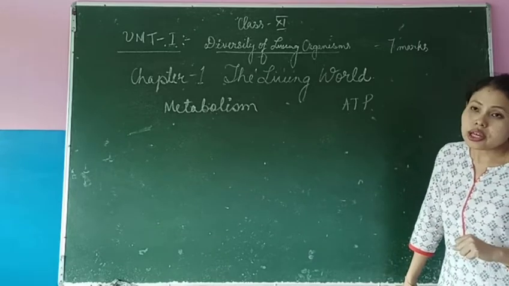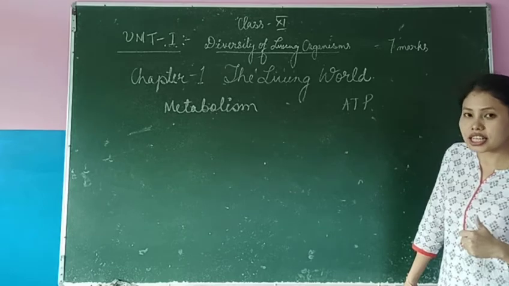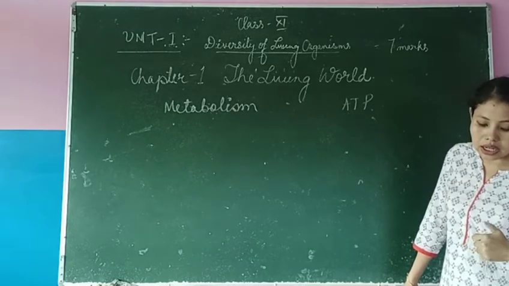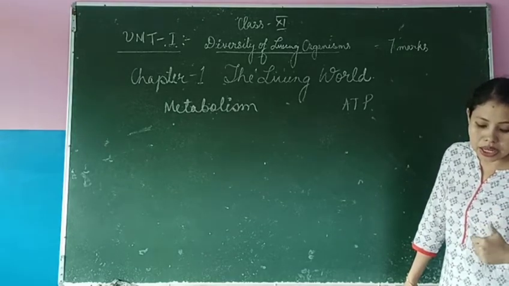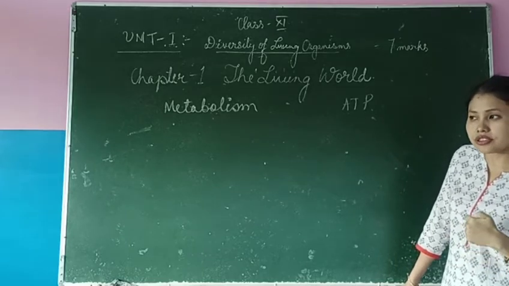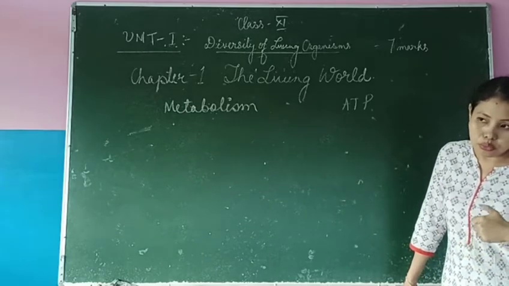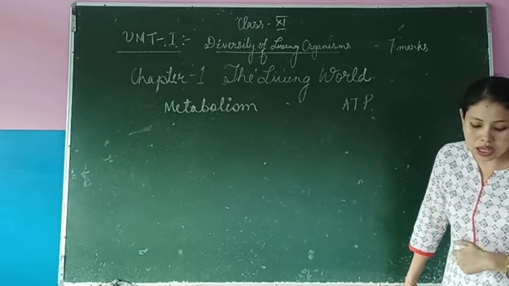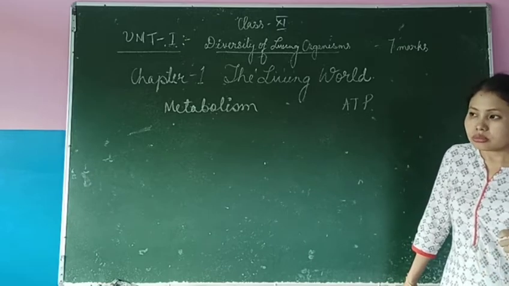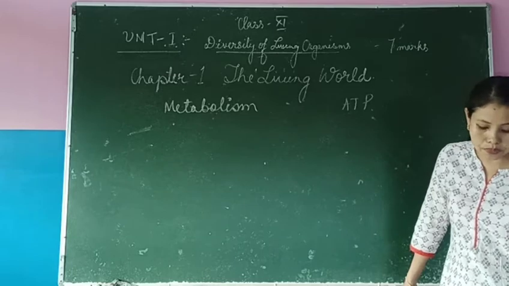These chemical reactions in the organism are self-sustaining, that is, they take place inside our body. They are a set of self-sustaining chemical reactions. And in both unicellular as well as multicellular organisms, these chemical reactions are more or less similar.